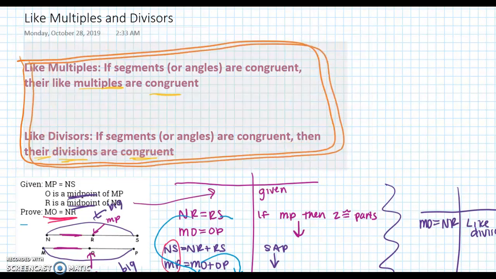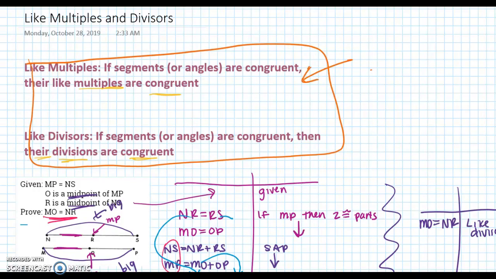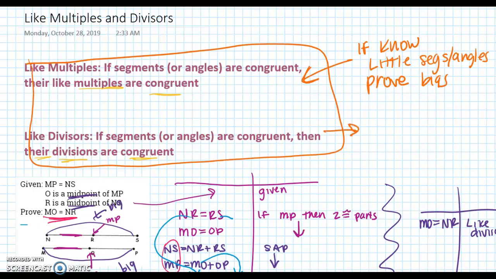You use like multiples if you know little segments or angles and you're trying to prove the big ones. For this one, if you know the bigs are the same, and you want to prove littles.